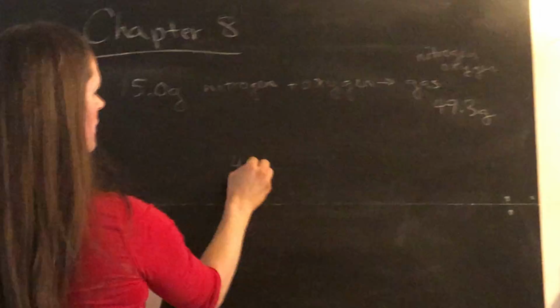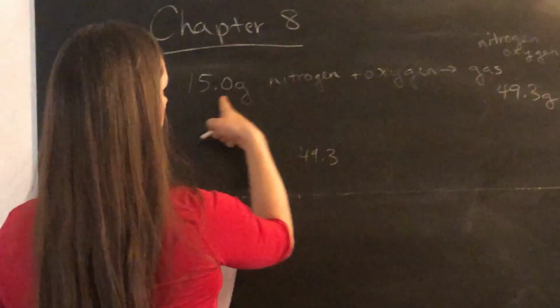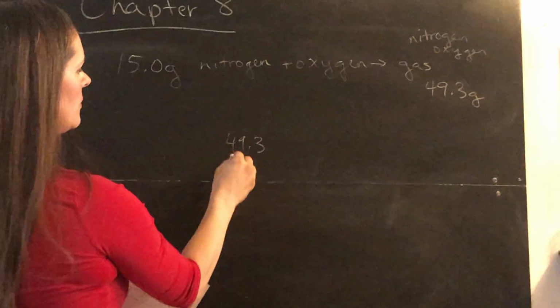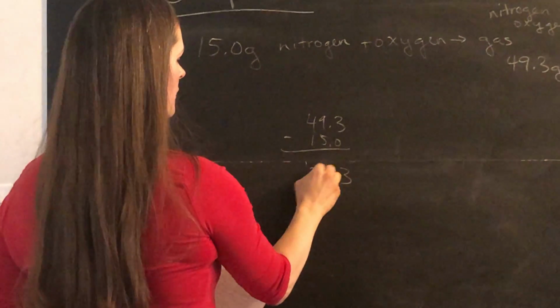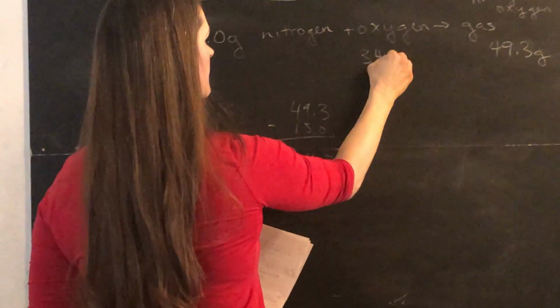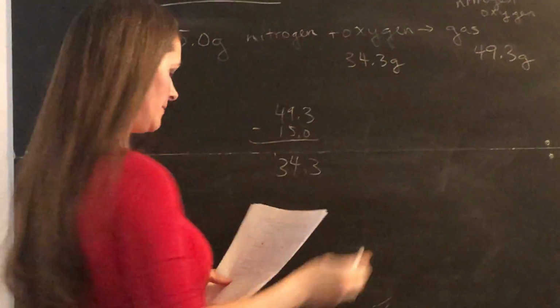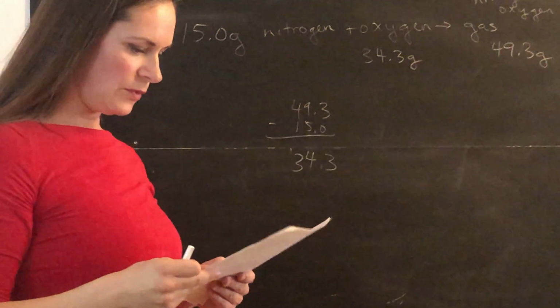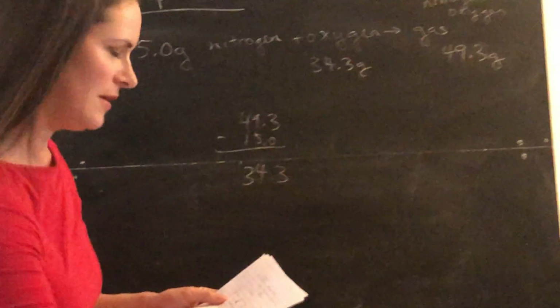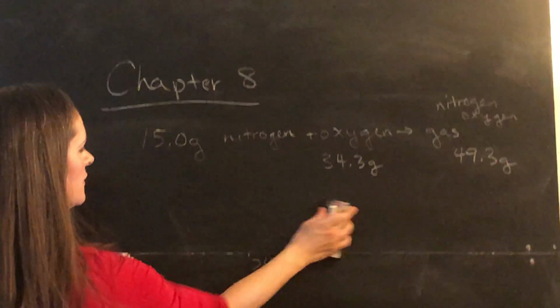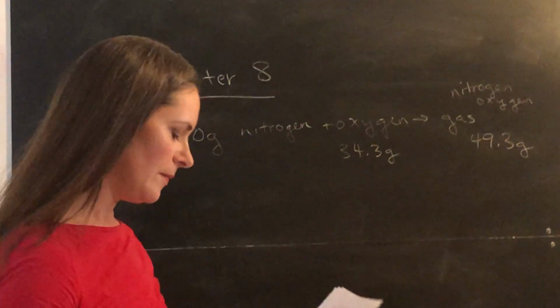And according to the conservation of mass, we can figure out how much oxygen we picked up simply by subtracting. So 34.3 grams of oxygen. Okay, so that's the law of the conservation of mass. That gave us the mass of the oxygen.